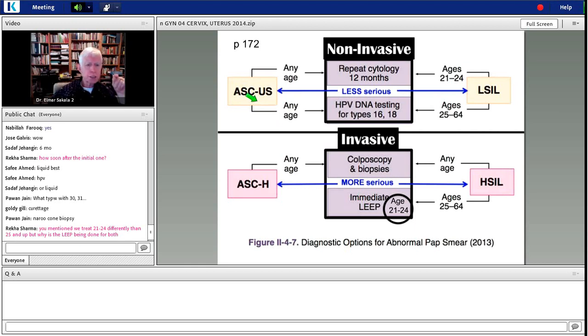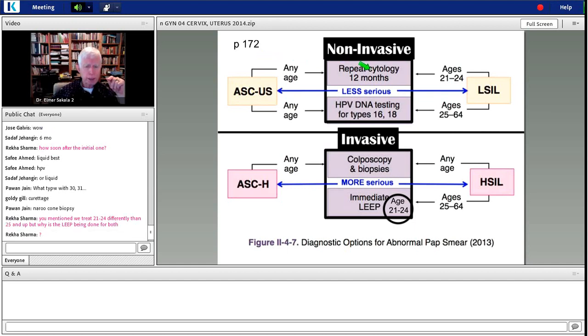Okay, so let's look at this. This is the least severe abnormality, ASC-US. At any age, you can do either repeat cytology in a year, or you can do HPV DNA testing. So for ASC-US, the management is not related to age. It is either repeat cytology or HPV DNA.